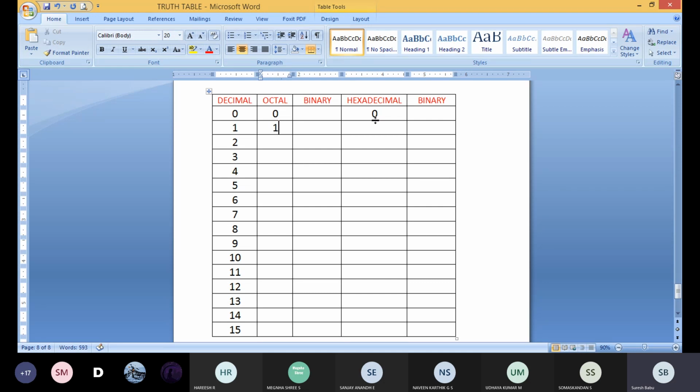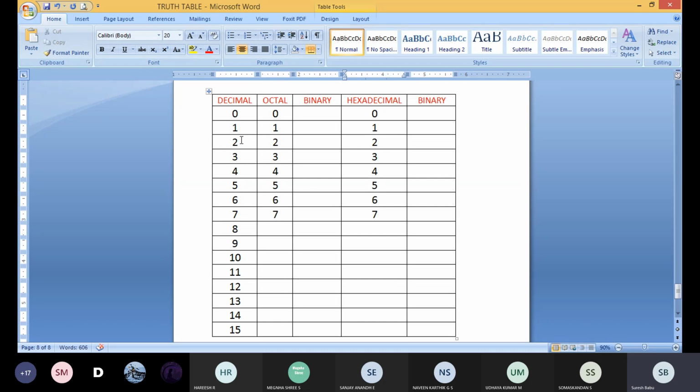So 1, hexadecimal also 1. Decimal 2 is equal to octal 2 and hexadecimal 2. 3 also equal, 4 also equal, 5 also equal, 6 also equal, 7 also equal.